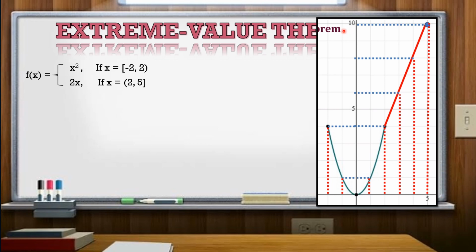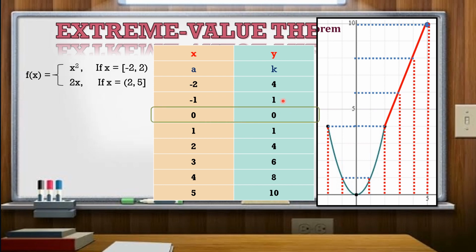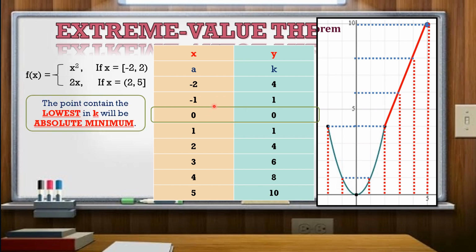Using graph. So using table naman, we have here, mapapansin natin na yung pinakamababang value ng y is 0, kung yung x natin is 0. This is your absolute minimum. The point containing the lowest k will be the absolute minimum.